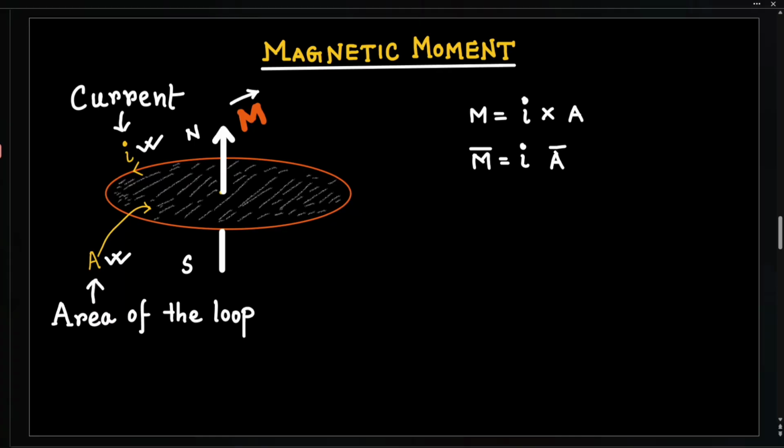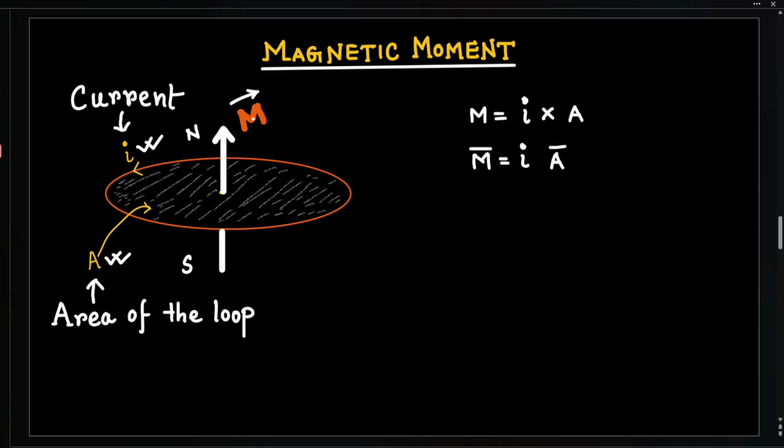How to represent the direction of a vector, that we all know by its unit vector. If you want to represent the direction of any vector, you have to mention its unit vector.